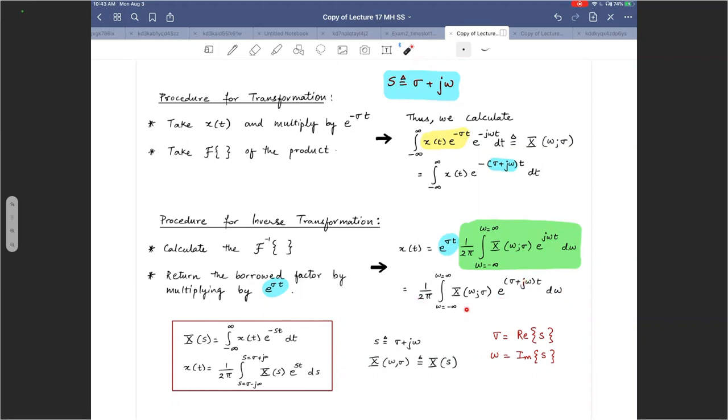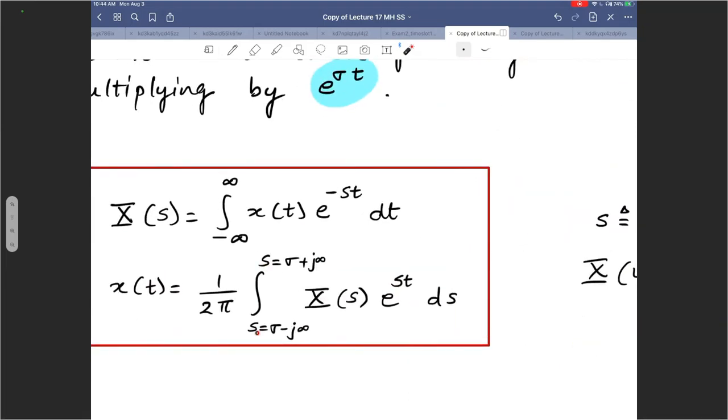Now, all of that can be written in this boxed red box over here: the signal in time domain can be evaluated by finding the inverse Laplace transform, which involves 1 over 2 pi, s going from sigma minus j infinity to sigma plus j infinity. Now, why are we writing the integration limits with respect to s? Because we are integrating with respect to s, and only omega is going from negative infinity to infinity.